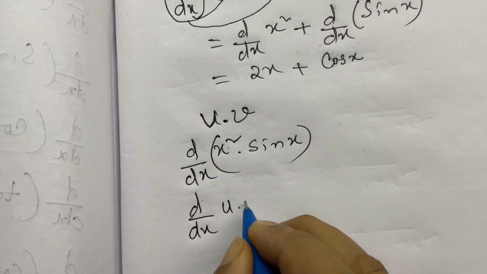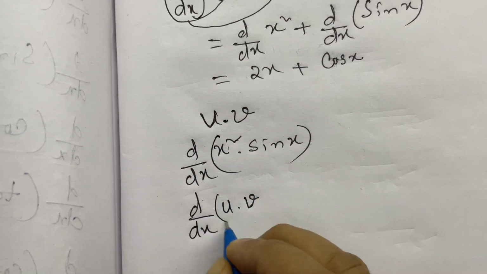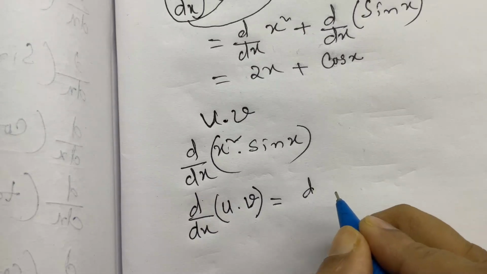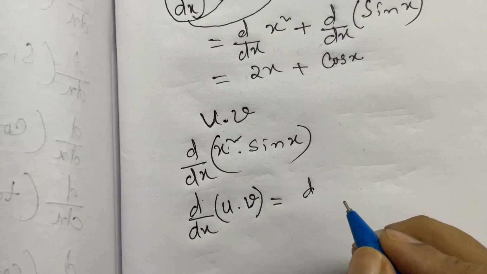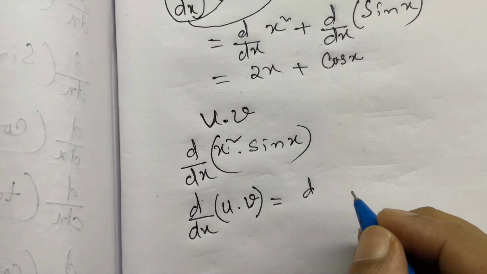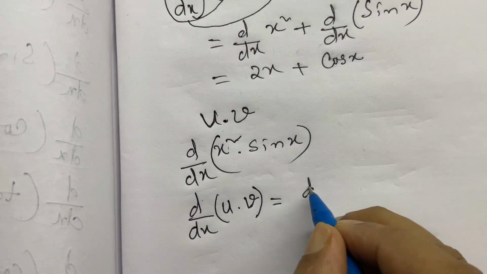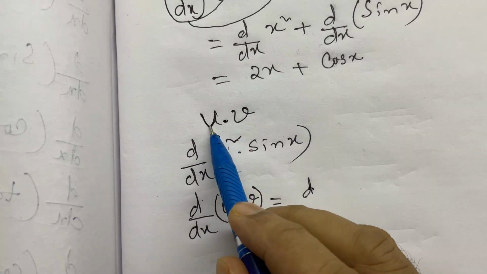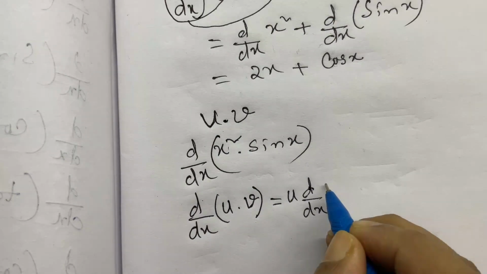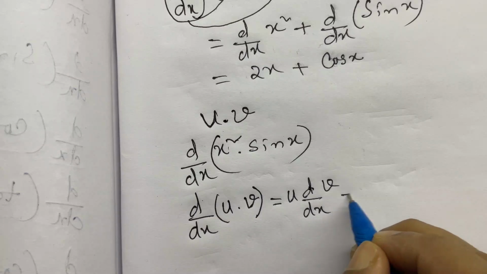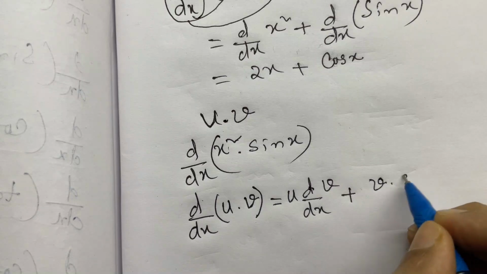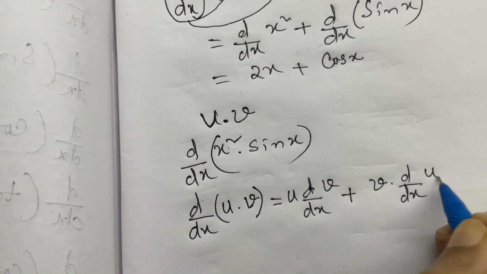If u and v are there and their relation is a product, then first you keep u, you don't touch u, do only d dx of v, plus v d dx of u.